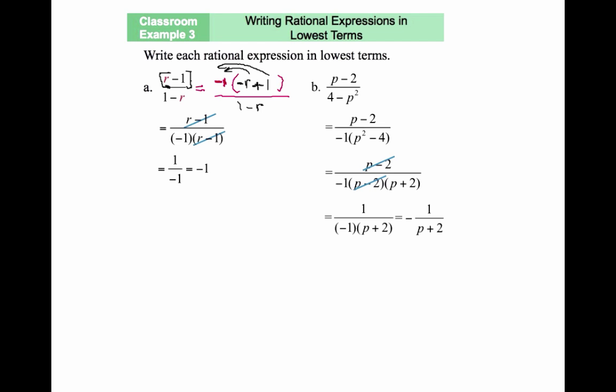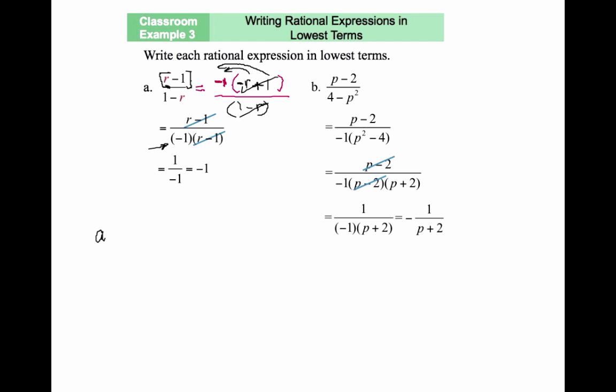factoring minus 1 out. By doing that, you notice that minus r plus 1 really is 1 minus r. If I switch these two terms around, that's the same as 1 minus r. That's how you can reduce this, and it turns everything equal to minus 1. And if you did factor a minus 1 out of the bottom one, it results in the same expression.